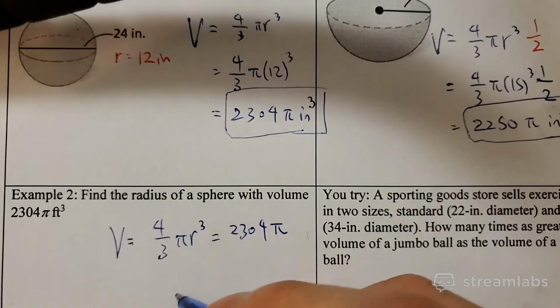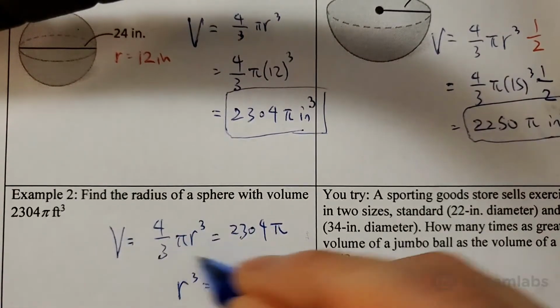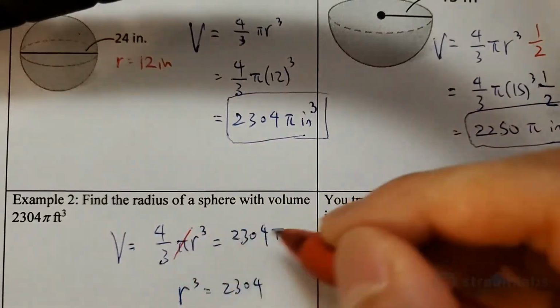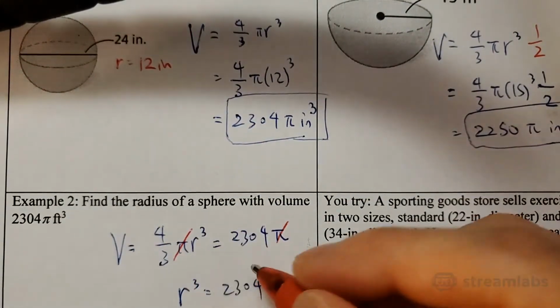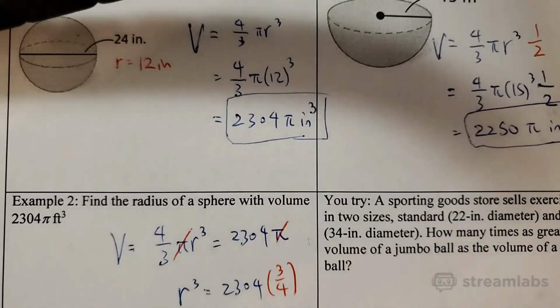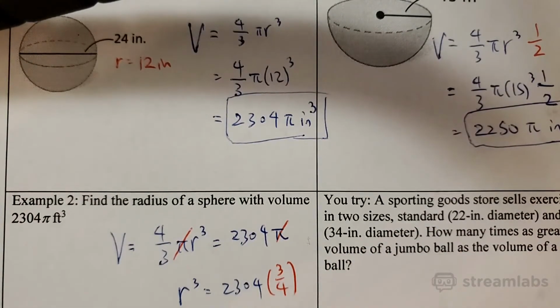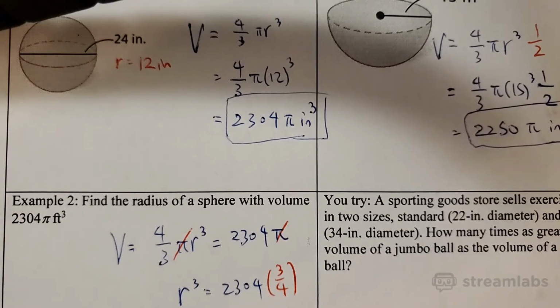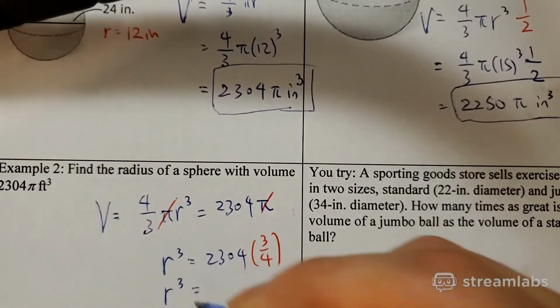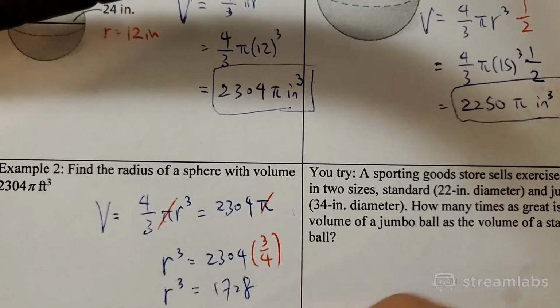Okay, so to solve for r, you're going to do the opposite. First of all, you can cancel out the pi. You don't need the pi, right? Cancel out pi on both sides, and then you multiply by 3/4. 2304 times 3/4. Multiply by the reciprocal. So r cubed equals 1728.